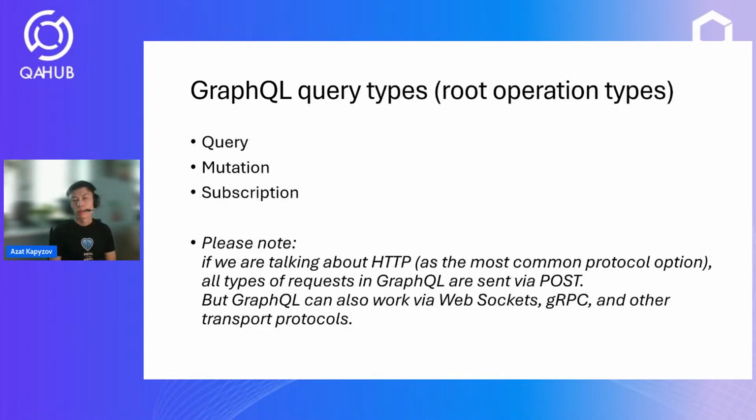So let's talk about GraphQL query types, also known as root operation types. There are three of them: query, mutation, and subscription. A little note for further discussions: if we're talking about HTTP as the most common protocol option, all types of requests in GraphQL are sent via POST, but GraphQL can also work via WebSockets, gRPC, and other transport protocols.